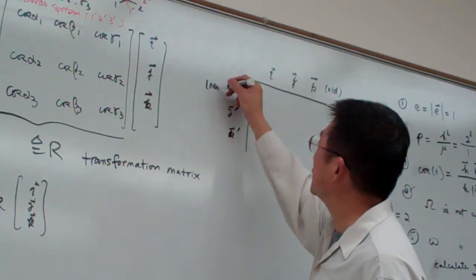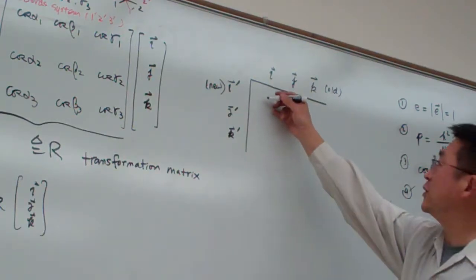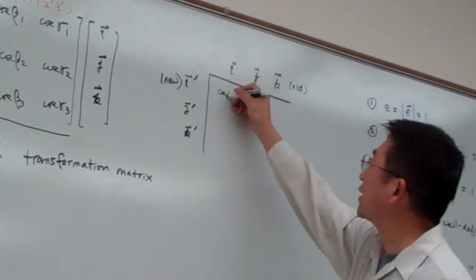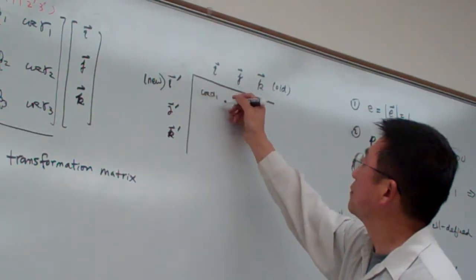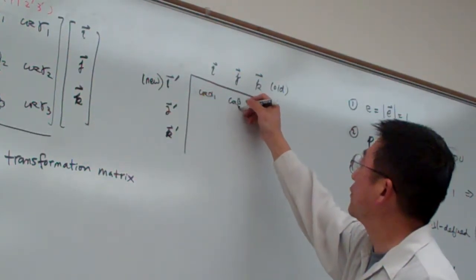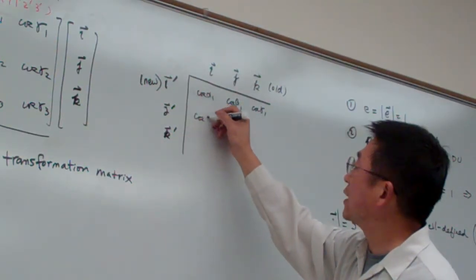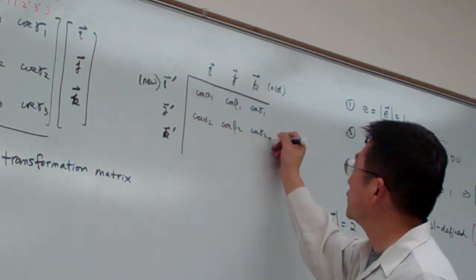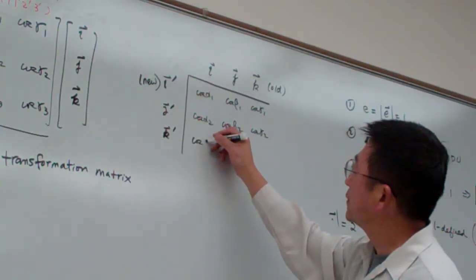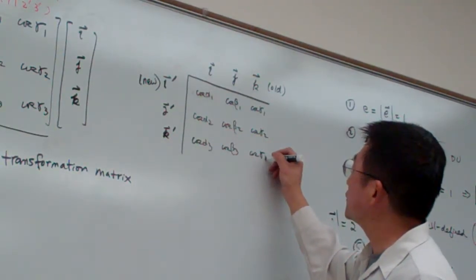So simply into this table you put cosine alpha 1, cosine beta 1, cosine gamma 1, and cosine alpha 2, cosine beta 2, cosine gamma 2, cosine alpha 3, cosine beta 3, cosine gamma 3.